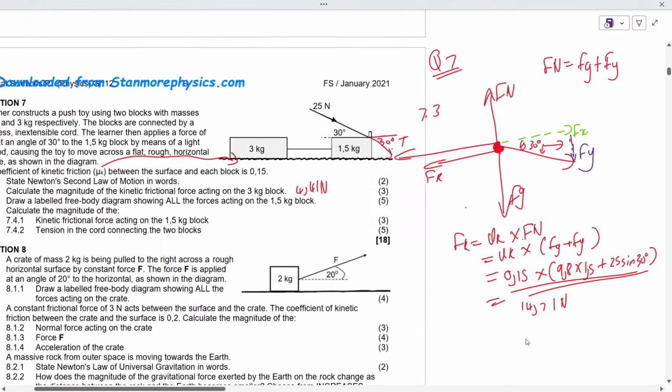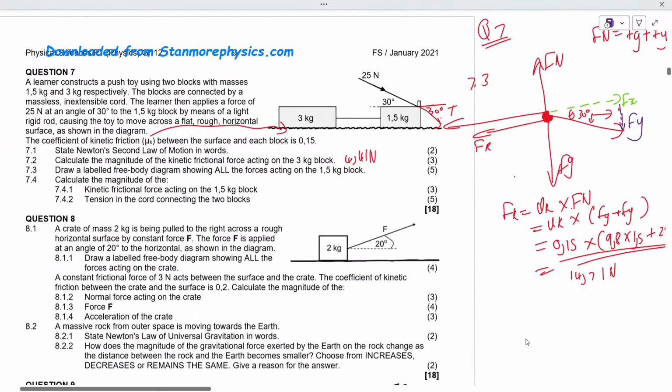Now, when we continue, let's draw the tension in the cord of the two blocks. Usually tension and acceleration, you find them together and you use simultaneous equations.